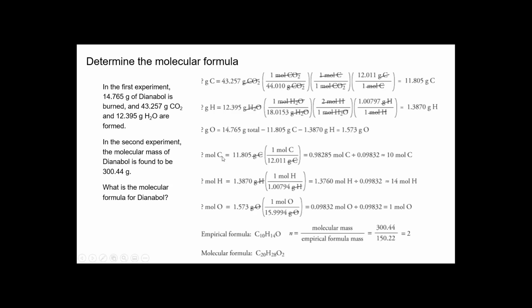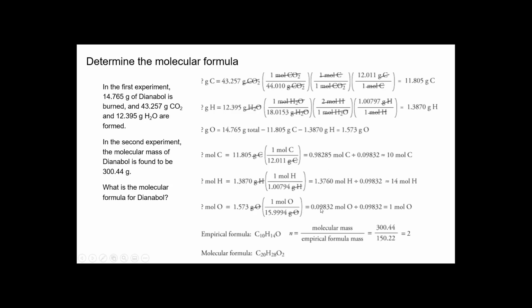So the next thing we need to do is determine our moles of carbon. So in this case, they took these masses here and then just determined the moles. So that's what you see here for all 3. We have our moles of carbon, moles of hydrogen, and moles of oxygen. They did an extra step here of just dividing by the smallest value, which they determined to be, and I don't agree with them, but I guess it's so close.